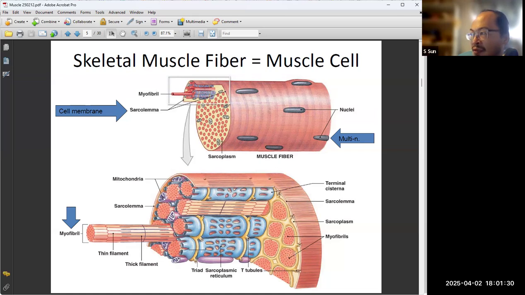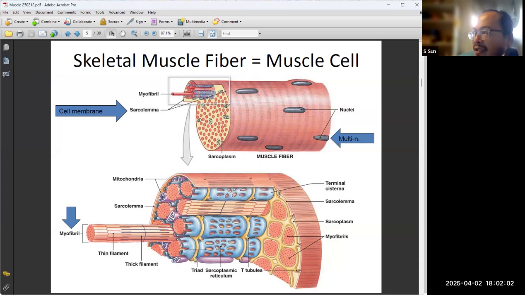You can see that this one myofibril is a bundle of thin filaments and thick filaments. The endoplasmic reticulum in the muscle is called sarcoplasmic reticulum. It goes along with this myofibril, and when it encounters this T-tubule, it will just stop and then appear again.